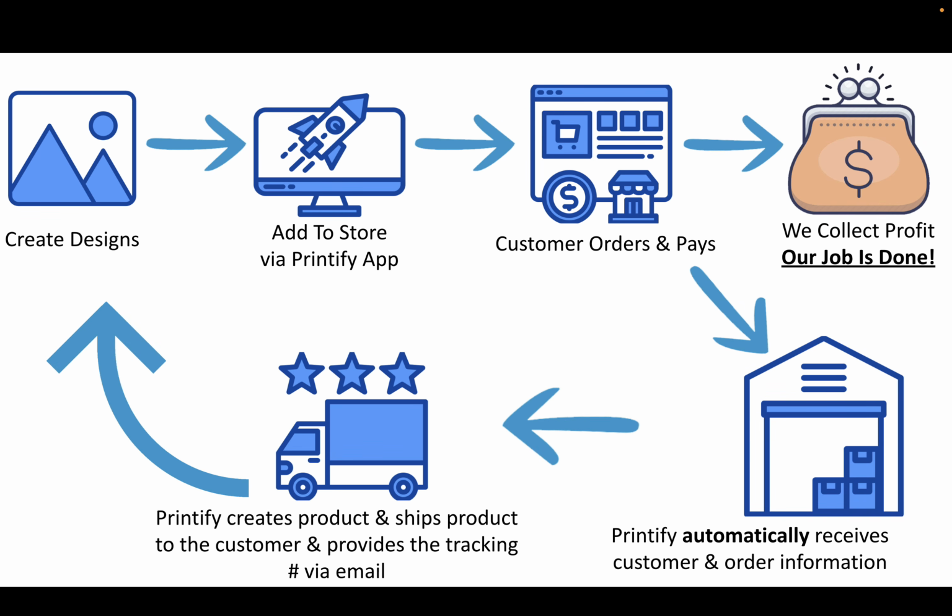And then Printify will create the product for you. Let's say it's a t-shirt, right? They'll print the design on the t-shirt. They'll package it up. They'll ship the product to the customer. They'll even provide the tracking number to the customer on your behalf via email. So literally everything happens automatically. All we need to do are these first steps, right? Create our design, add the product to the store with Printify, and collect our profit. Printify then automatically does everything else automatically.